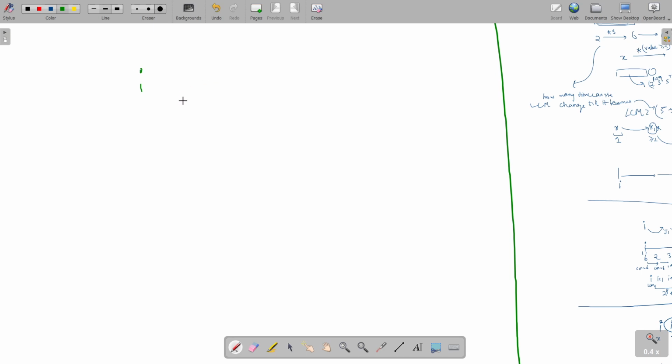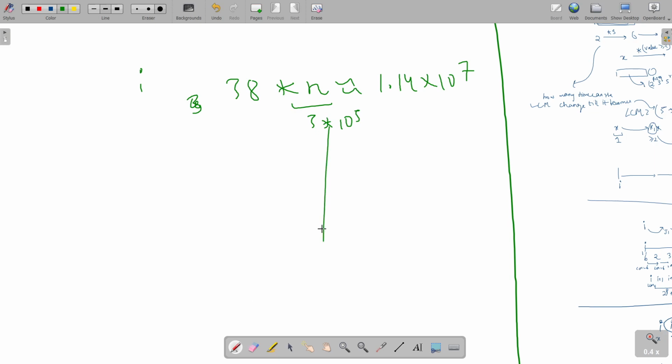So in total, there will be 38 into n LCMs, which is around 1.14 into 10 to the power 7, if you put in the value of n, which is 3 into 10 to the power 5. So that means that there are only these many unique LCMs that we are concerned about.